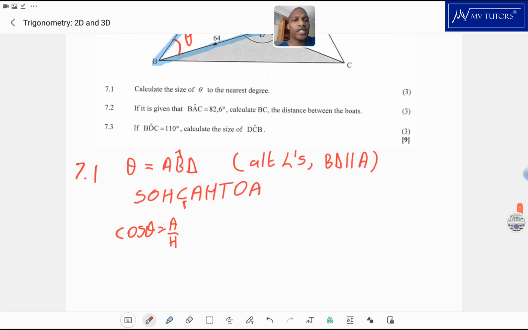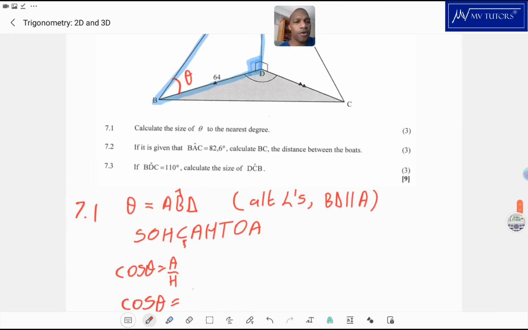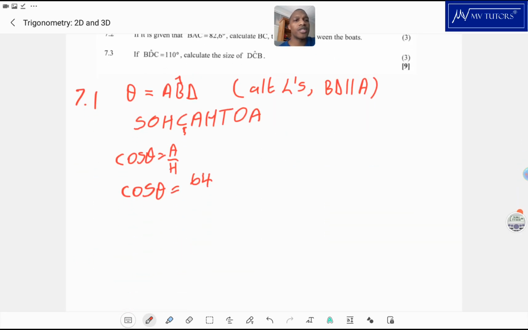So let's fill that in. Cos theta is equal to adjacent, which is 64, and the hypotenuse is 81. Then we need to solve for theta. So theta is equal to arc cos of 64 over 81.